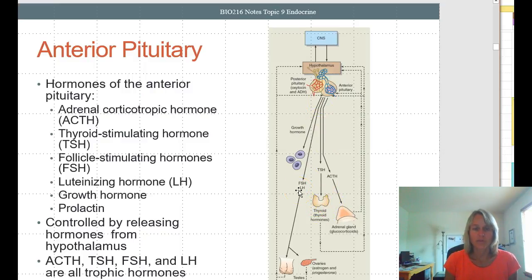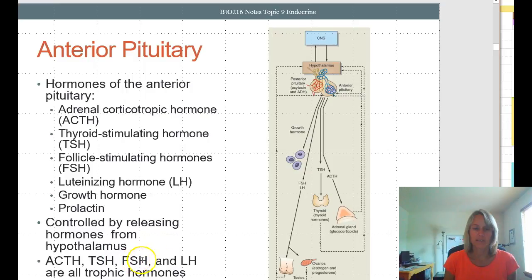Follicle stimulating hormone and luteinizing hormone, which act on the ovaries to cause the release of estrogen and progesterone, and on the testes to cause the release of testosterone. These are also important, obviously, for fertility. We also have growth hormone and prolactin, and we'll talk about these in a minute. Okay, all of these hormones are controlled by releasing hormones from the hypothalamus.